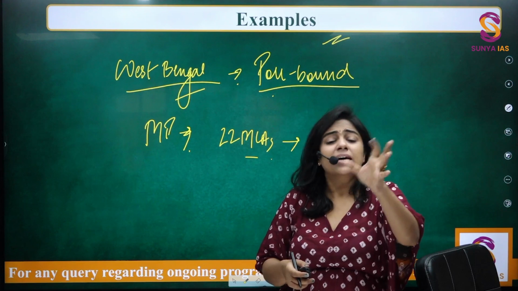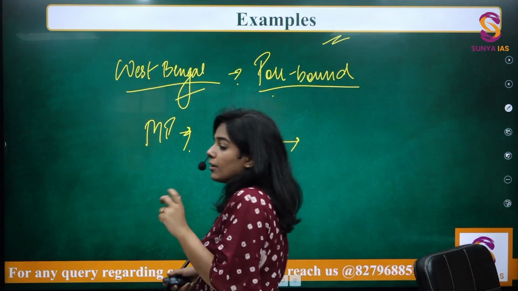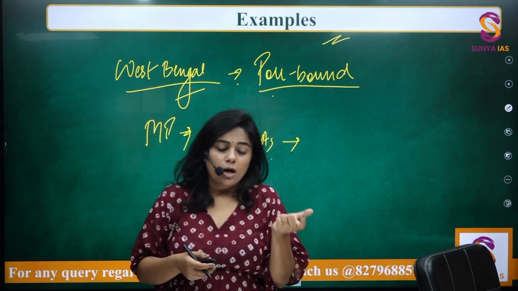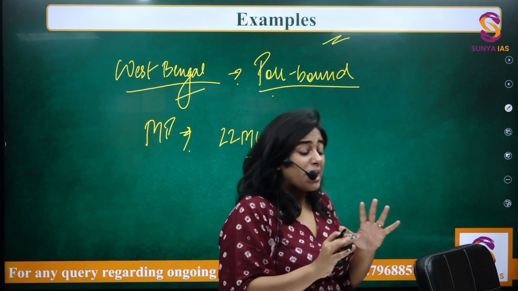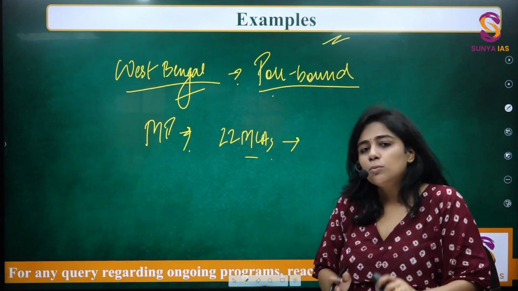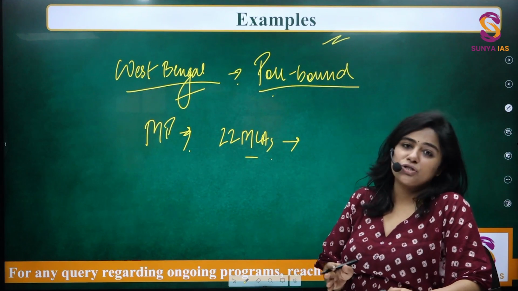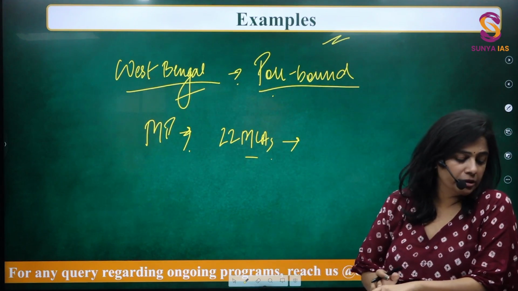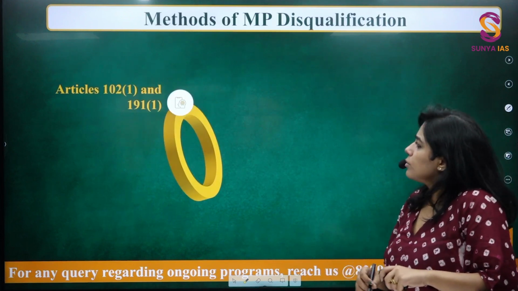Okay, this has happened, and that is why it is said that the foremost quality of a bureaucrat is to be politically neutral, to be impartial. That is the foremost quality of a bureaucrat, which will help you sustain political pressures over a long term. Okay, that is there.